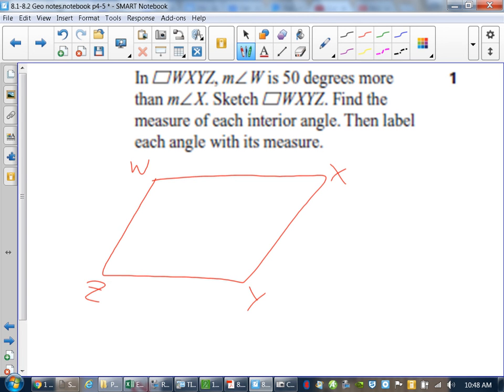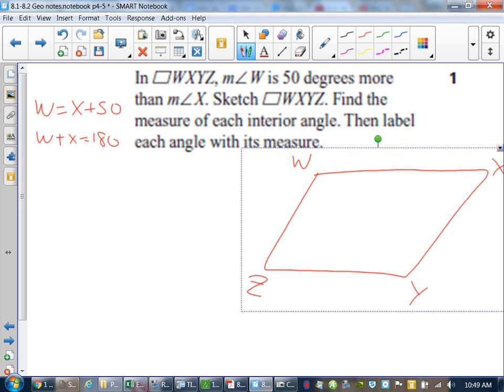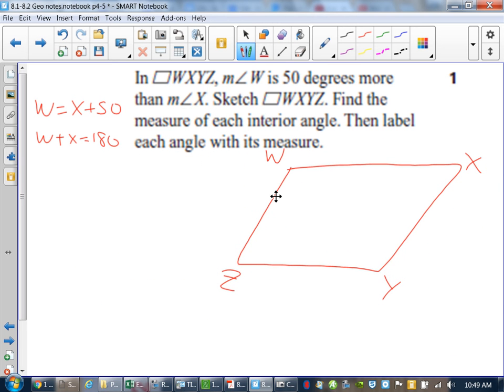So it says W is 50 more than X. They're next to each other, which means they have to add up to equal how much? So we use that little substitution step again.